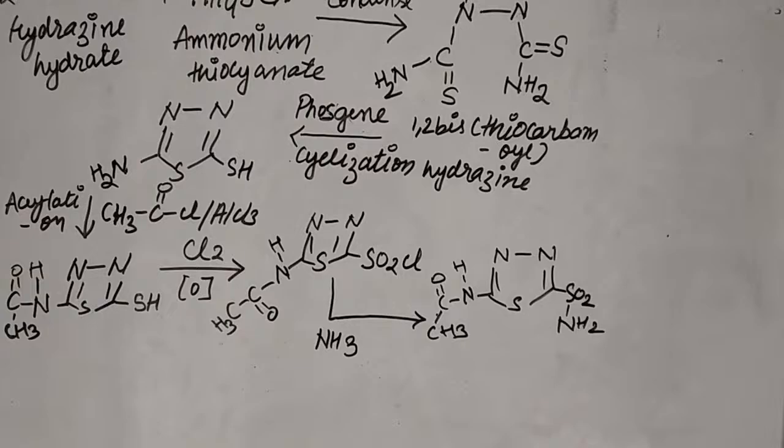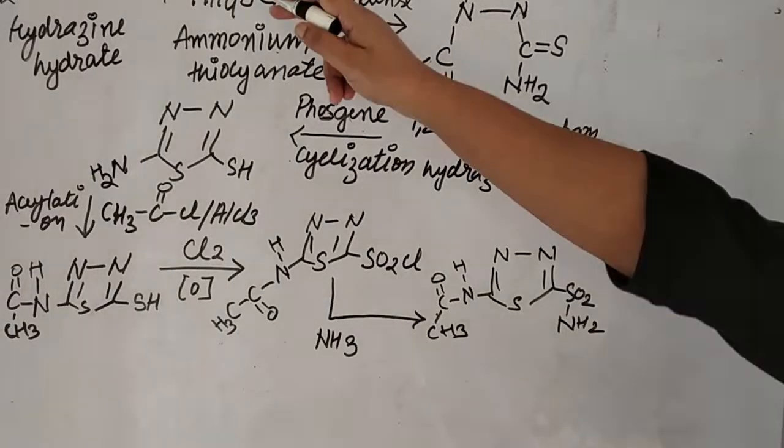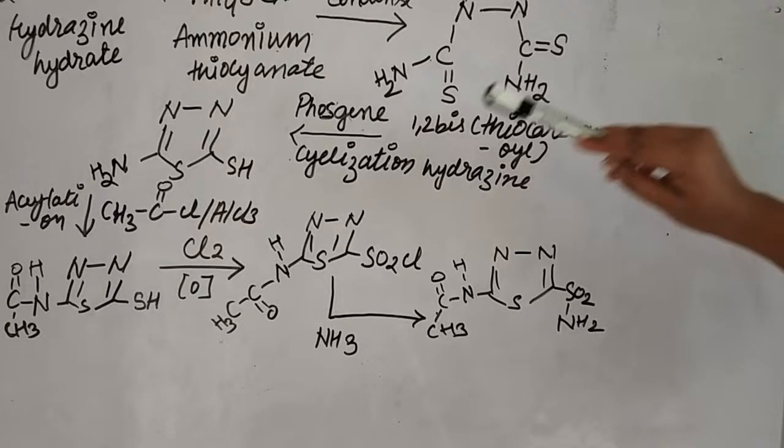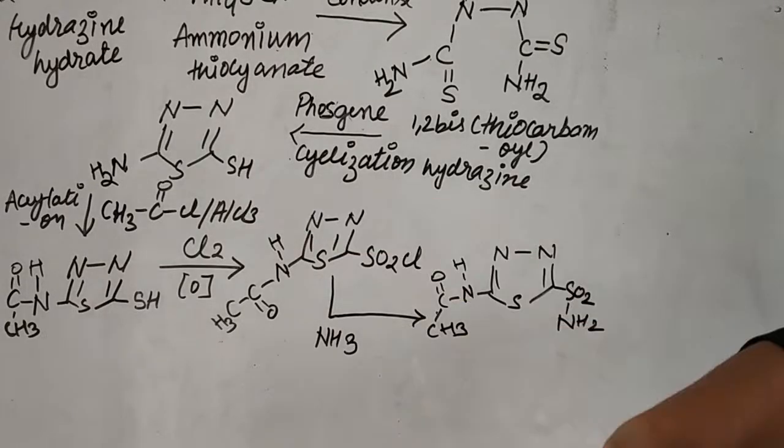So here you can see the synthesis of acetazolamide. In this step, ammonium thiocyanate is used to form a carbamoyl compound, in the presence of base. Here you can see the structure will form.